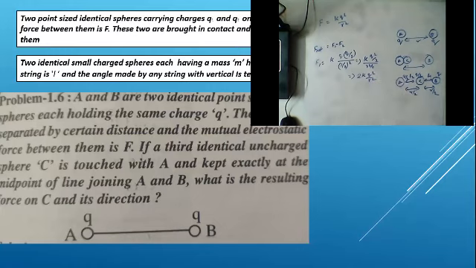Got it, guys? Now coming to F2. F2 is equal to K into Q by 2, Q by 2 by r by 2 whole square. That means we are getting K Q square by r square.